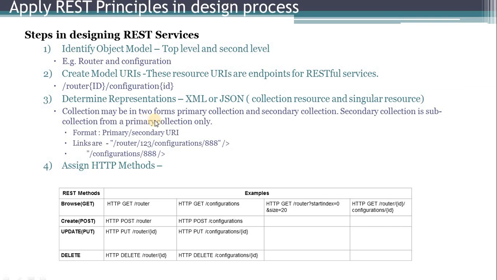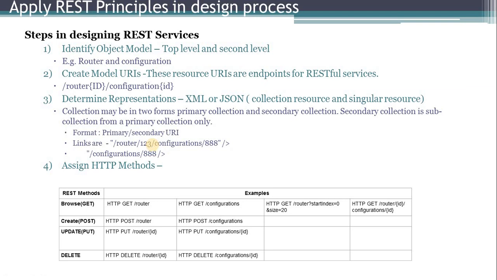It can be a collection of resources, or similar resources. When we talk about collections, it can be in two forms, primary and secondary. A primary collection is based on your parent ID. If I say /router/123, this is the primary collection.